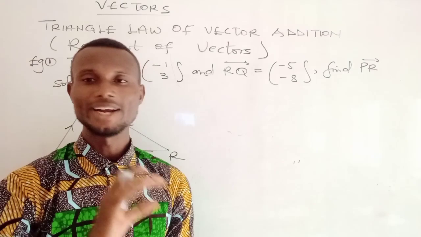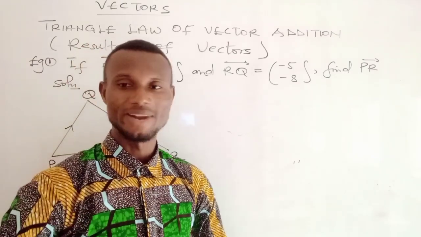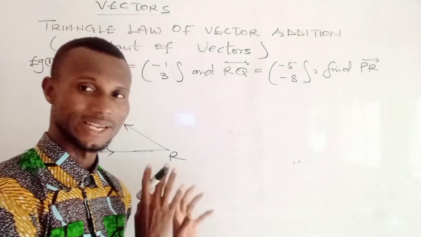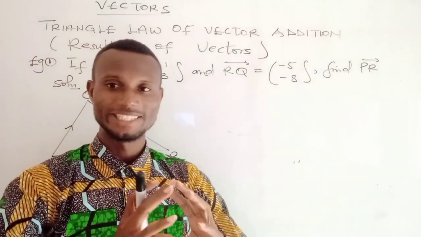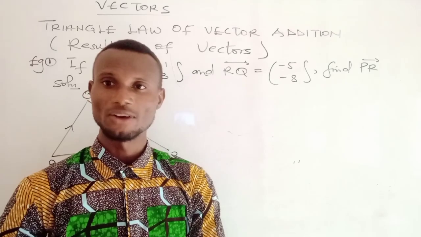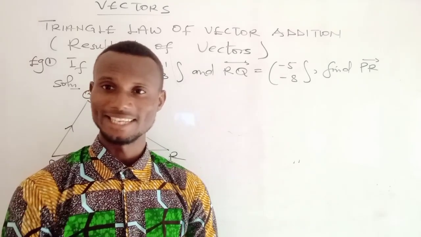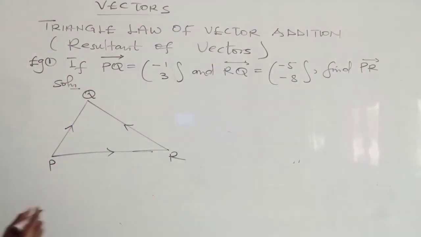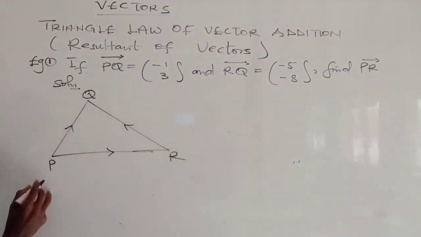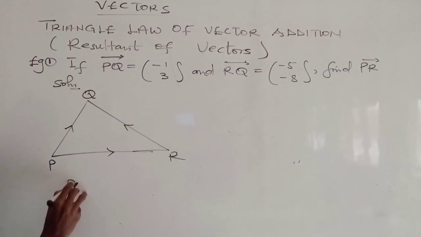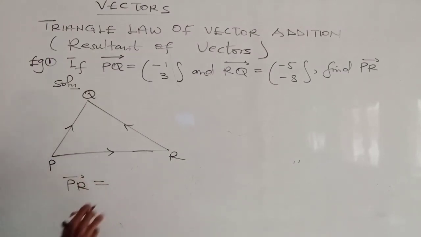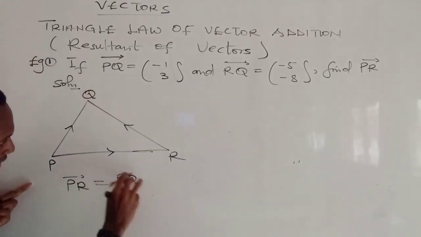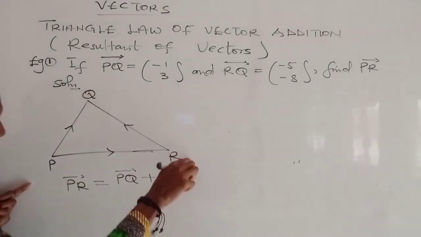So now, all that you need to do is put the formula down. Okay, irrespective of how your triangle is looking, you just follow the general form of the triangle law of vector addition that I showed you. Okay, and that is, let me write it down. I explained to you that to get my PR, so I write it down. So to get my PR, it should be equal to my PQ plus QR.